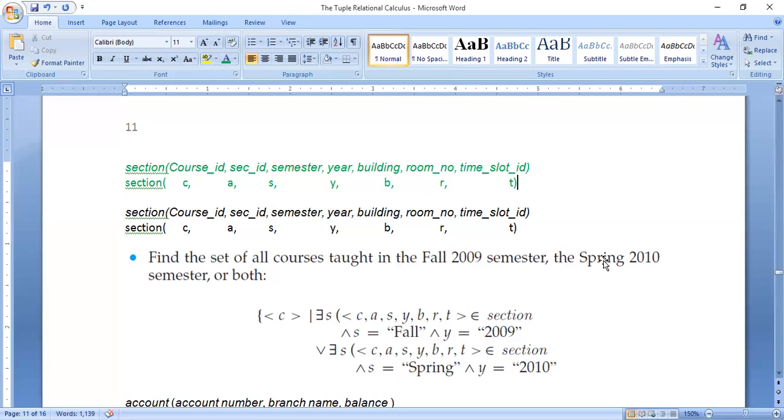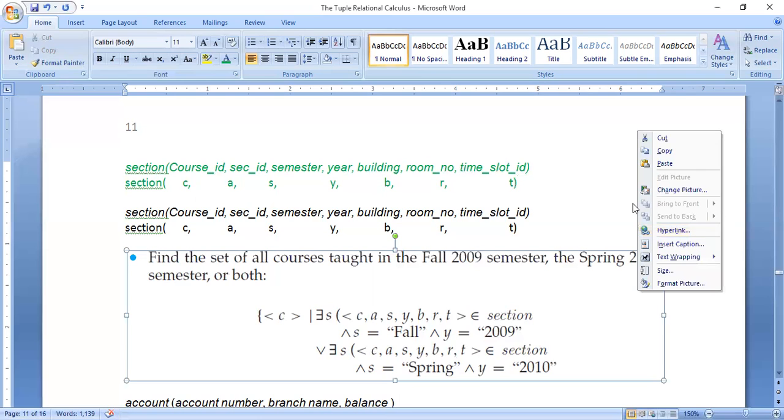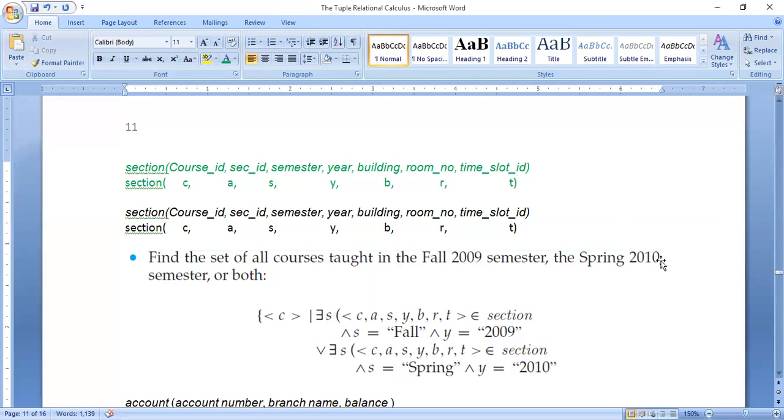Then the condition is that the semester should be spring, and the year, which is the variable Y, should be 2010. So Y is equal to 2010. This forms the result of the domain relational calculus query for this question.